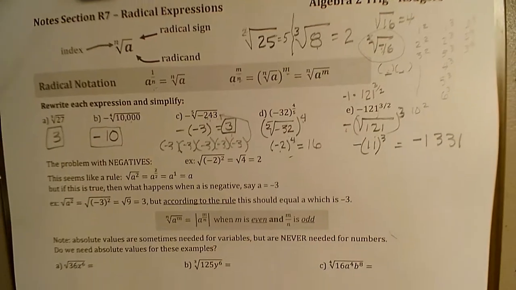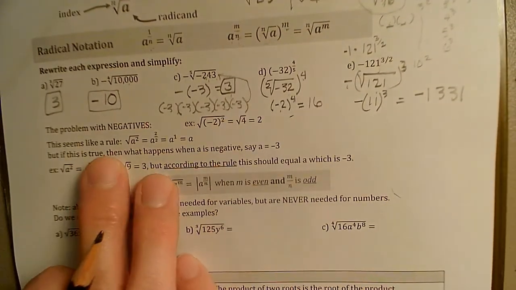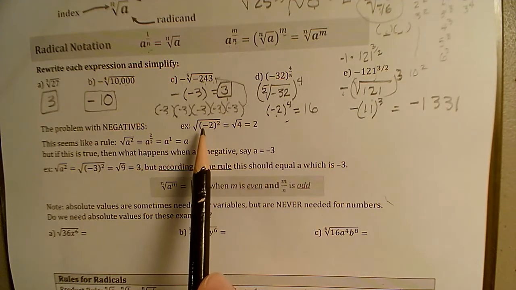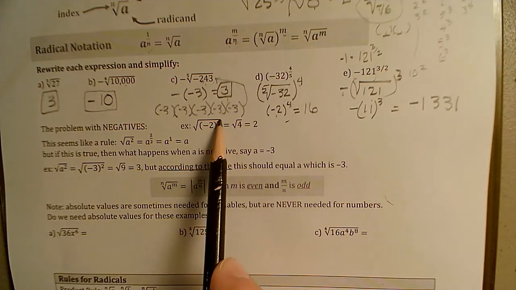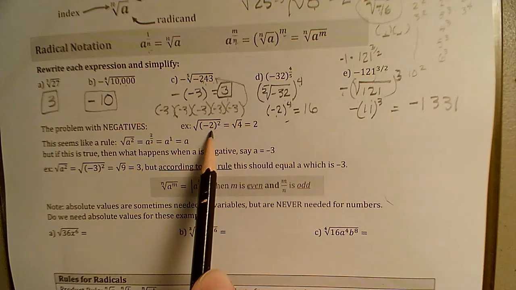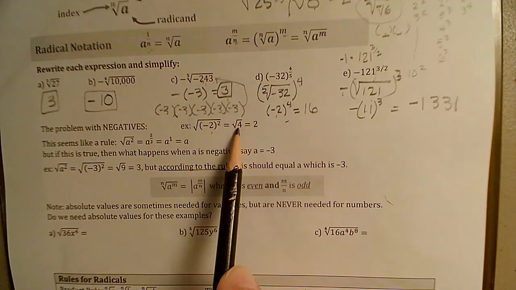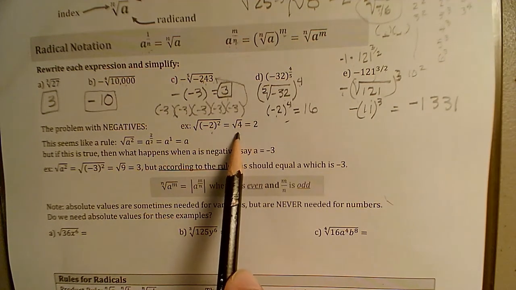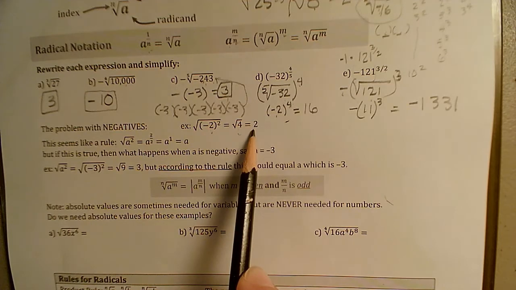All right, so now let's go on to the problem with some negatives then. We talked about this a little bit. If I square -2, that's positive 4, and then I take the square root of that 4, and I have a positive 2.